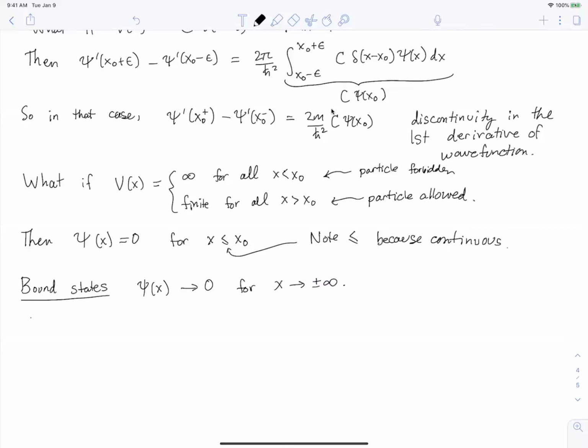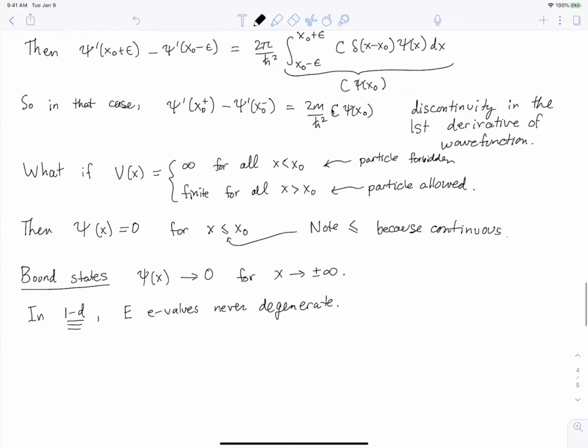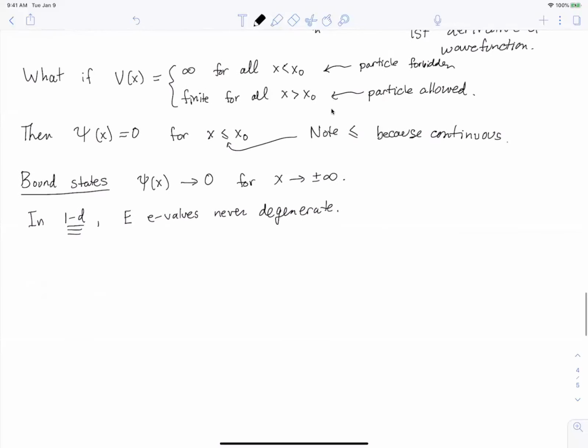Here's a statement we can make: in one dimension, and it's very important, this is only true in one dimension, the energy eigenvalues for bound states are never degenerate, which is a useful thing. Free particles are not bound states, so we had a double degeneracy. But here, the claim is they're never degenerate.